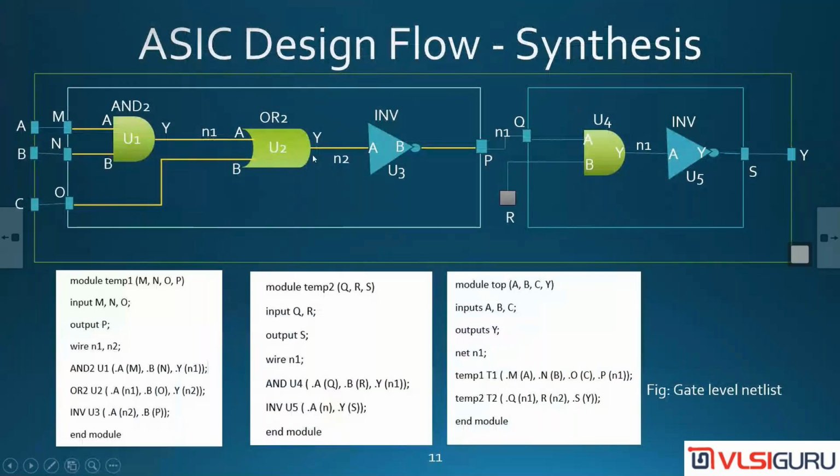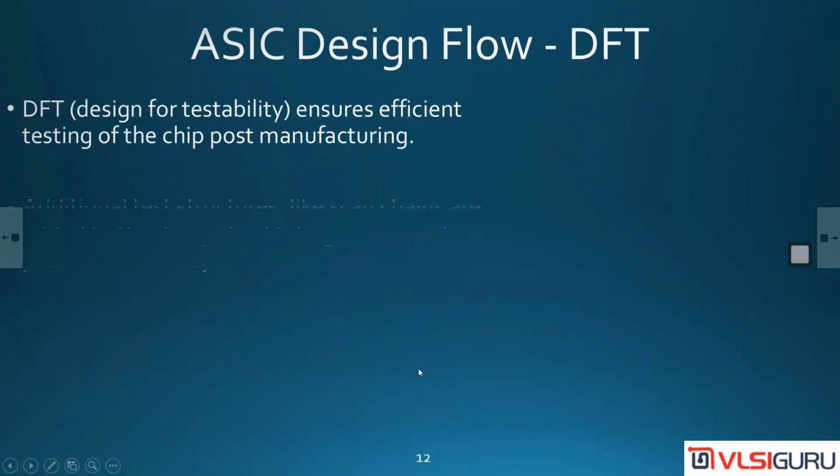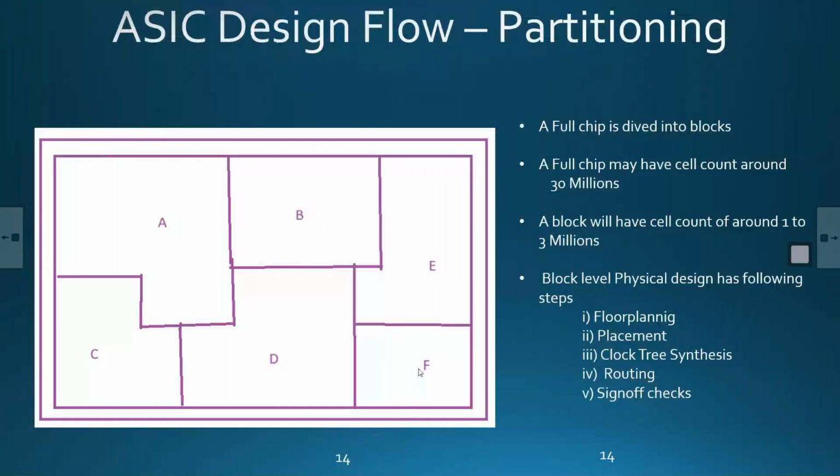This is a netlist for which block? Temp2. Similarly, for each block, we will have a separate netlist. That netlist will be given to each person. So in temp1, how many cells do we have? 1, 2, 3. In temp2, how many cells? 1, 2. Similarly, each person will know his cell count, the block level cell count. Now we will discuss block level physical design.